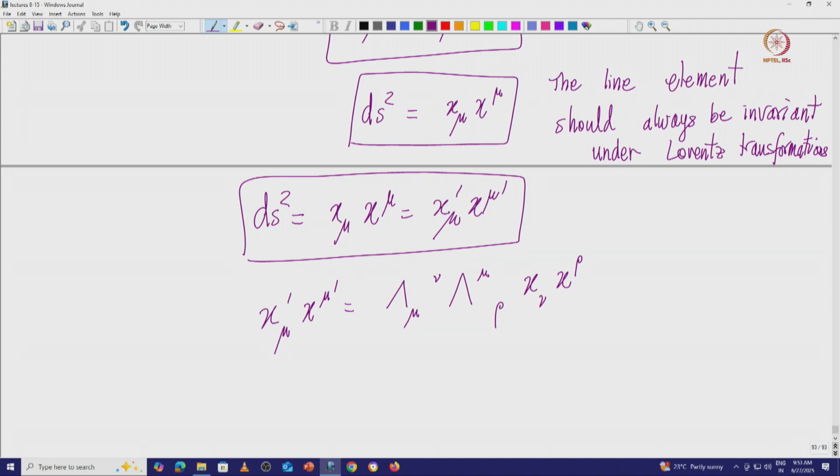So if the line element is invariant, this should be equivalent to this particular thing.